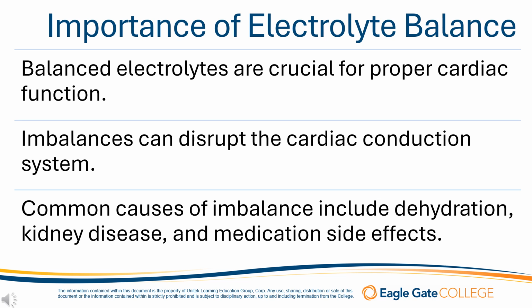Remember that electrolytes like sodium, potassium, calcium, and magnesium play specific roles in generating and transmitting electrical impulses in the heart. These impulses are necessary for the heart muscle to contract and pump blood. When electrolytes are balanced, the cardiac conduction system operates smoothly, resulting in synchronized and effective heartbeats.